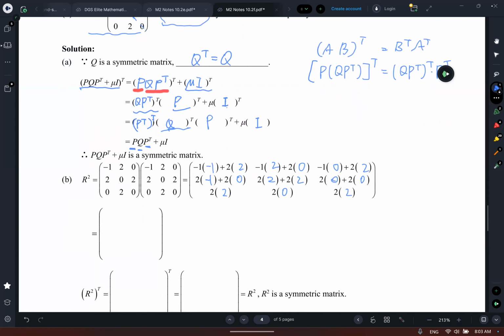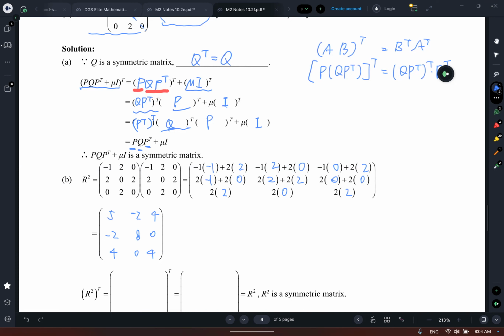So the outcome is 5, and this one is -2. This one is 4. I suppose the side is the same. -2, 4. This one is 8. This one is 4. And it's 0, 0.